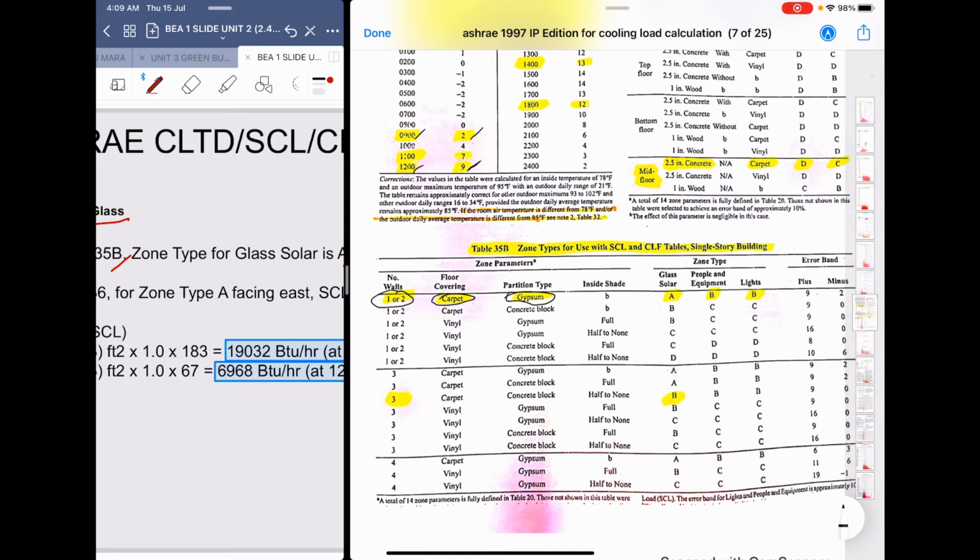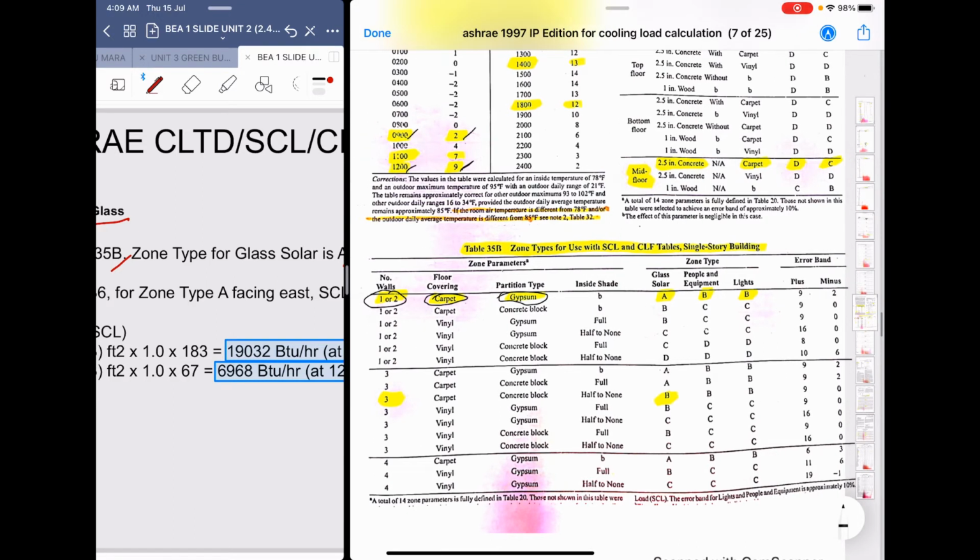So how about the inside shade? For the inside shade, we don't use any kind of inside curtain. So it is in category B, no inside curtain at all.